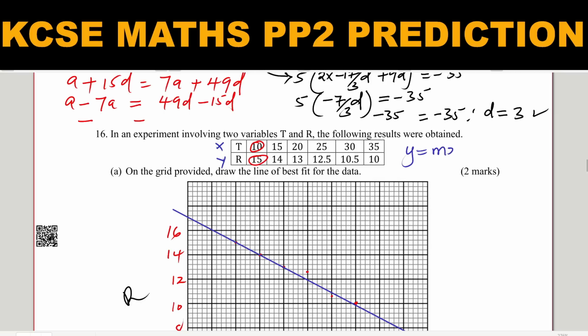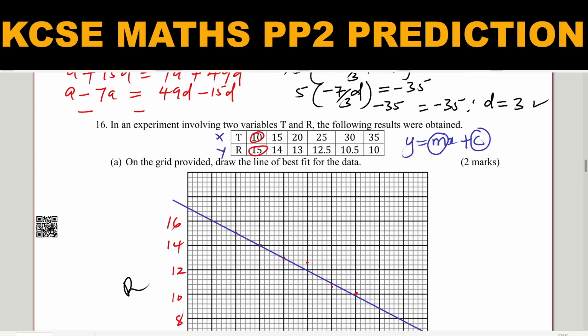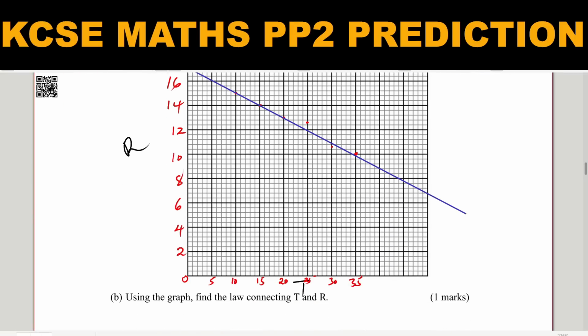The standard equation of a line is given by this equation. What do you need to get that line? You need the gradient, and also you need the y-intercept.